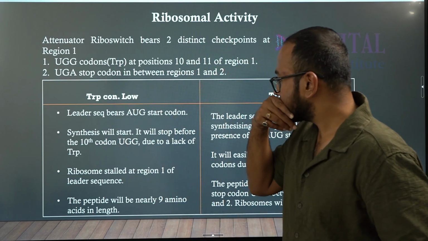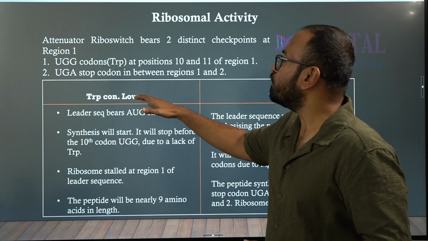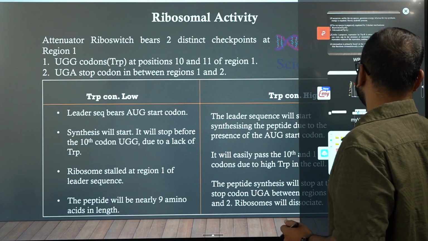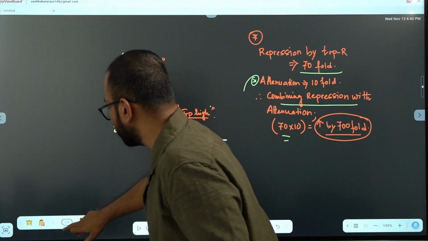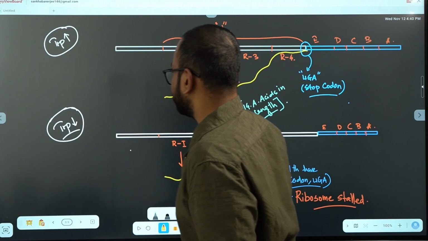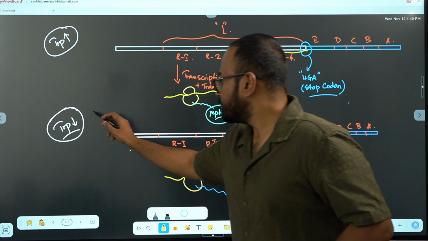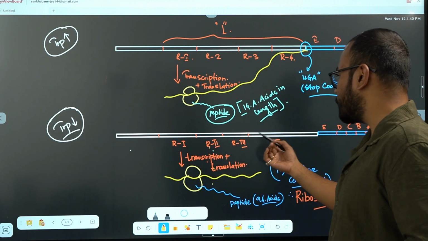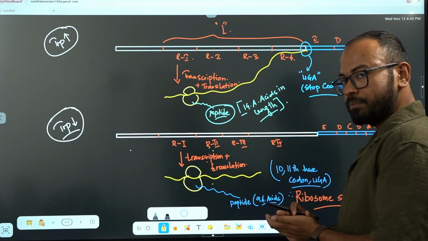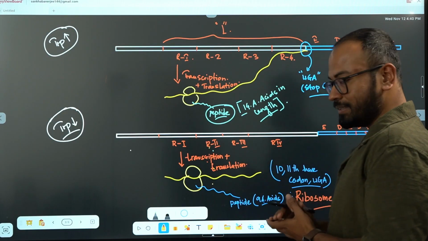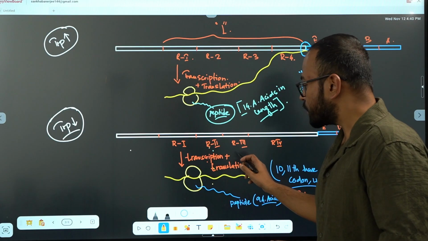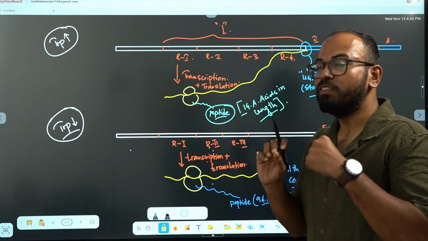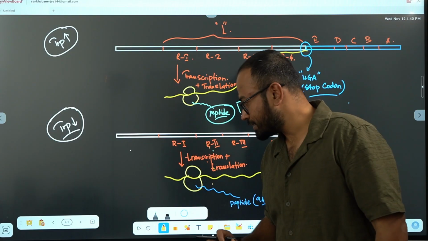Now let's see. Suppose the tryptophan concentration is low, what is happening? Let's come to this picture. Here the tryptophan concentration is low. We have our leader sequence R1, R2, R3, R4, followed by our structural genes. As we are discussing translation, we will focus on the translational mechanism.